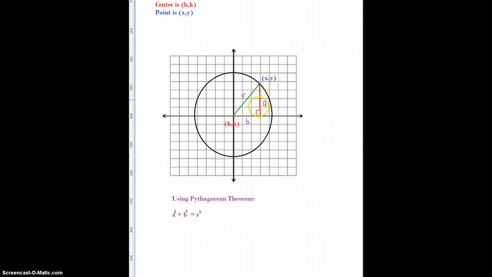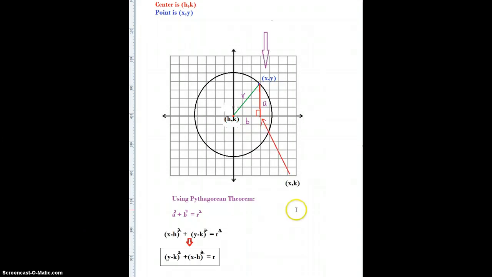We can say a squared, this a, plus b squared, this b, equals r squared, this r. And that's how we get this down here. So we're getting warmer towards the general equation of a circle.